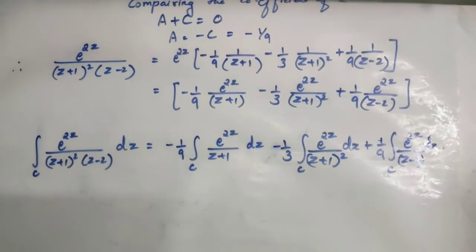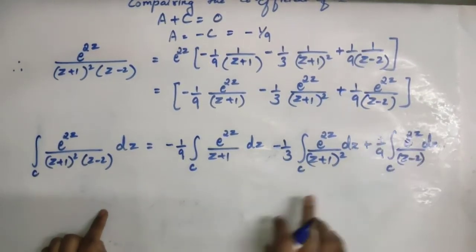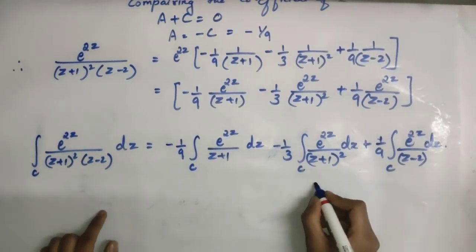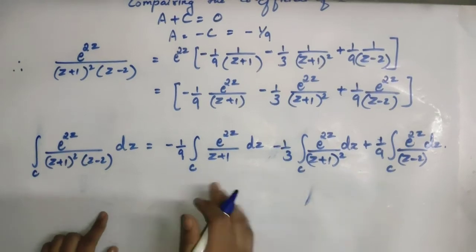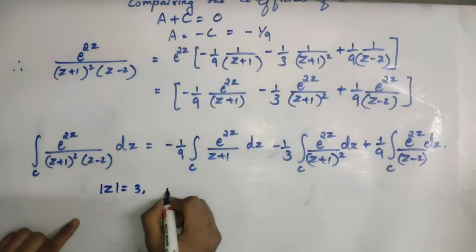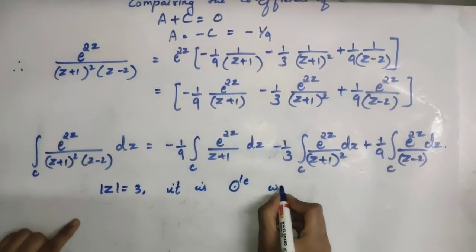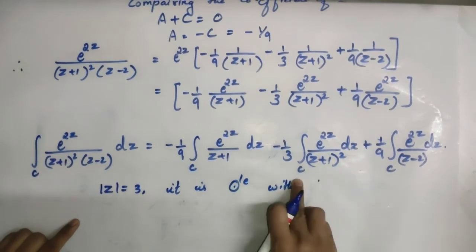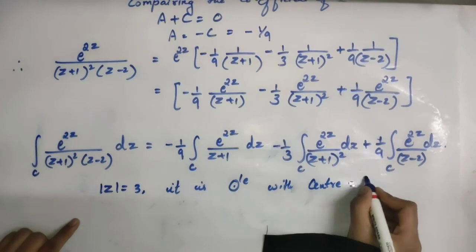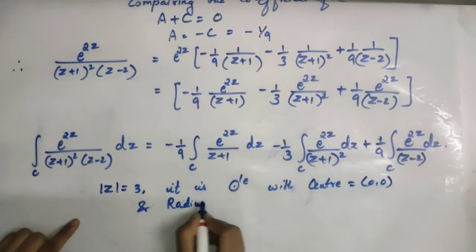Now we have to discuss whether each of these points belongs to the given curve or sits inside the curve. The curve C is given as |z| = 3. It is a circle with center (0, 0) and radius 3.